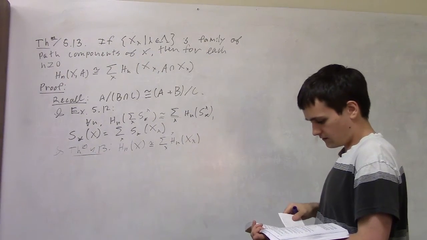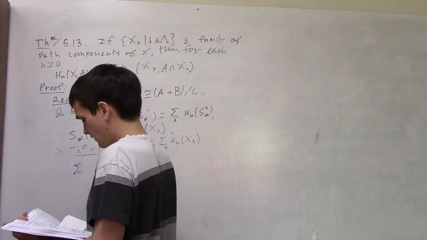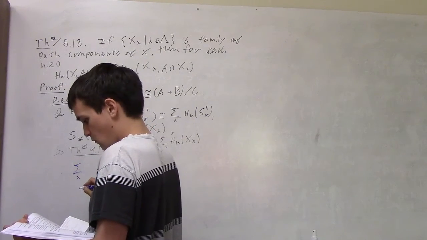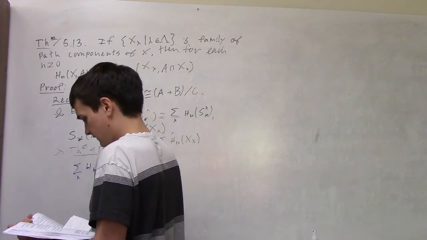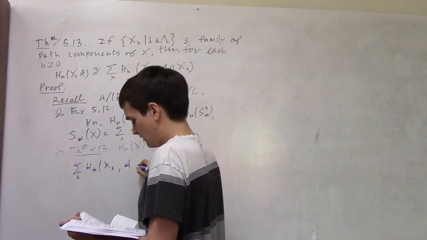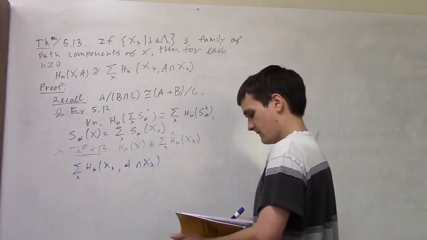We'll start from the left side and work to the right. So, sum over lambda, Hn of X sub lambda, comma A intersect X sub lambda.